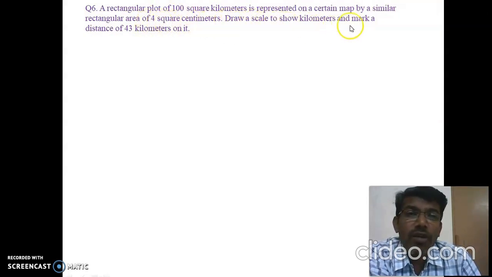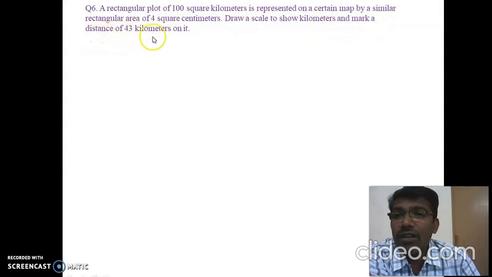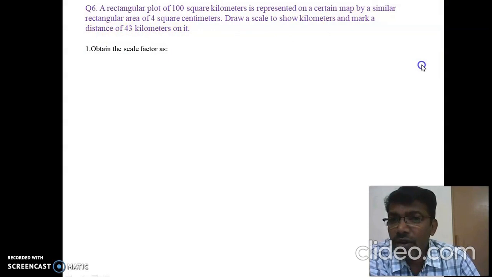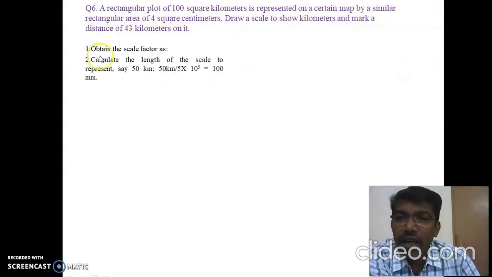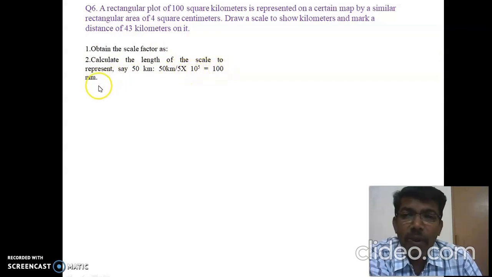Draw a scale showing kilometers and mark a distance of 43 kilometers on it. So here it is an area. First of all obtain a scaling factor. Calculate the length of the scale to be represented, say 50 kilometers. Okay, so 50 kilometers divided by 5 into 10 to the power of 5, that is 100 mm. So this is the representative factor, length of the scale.